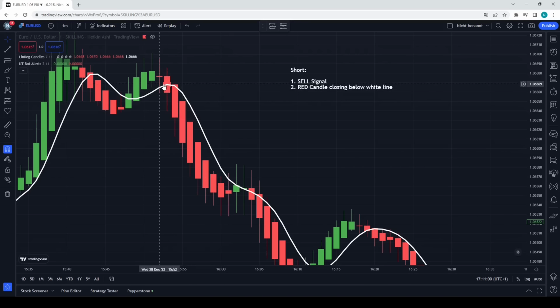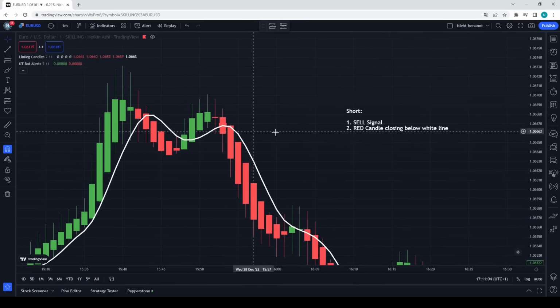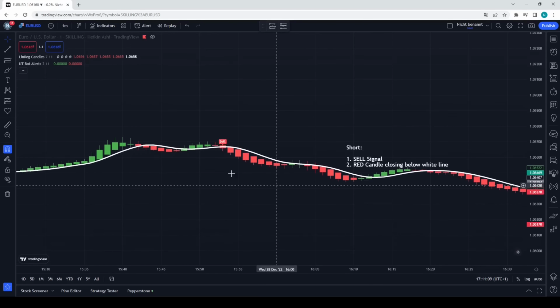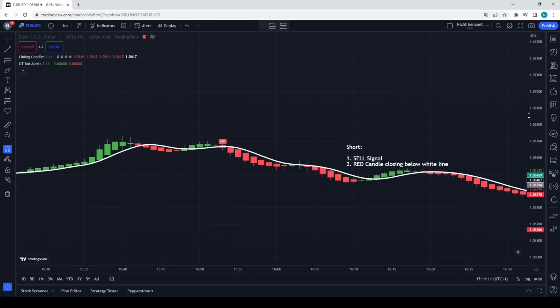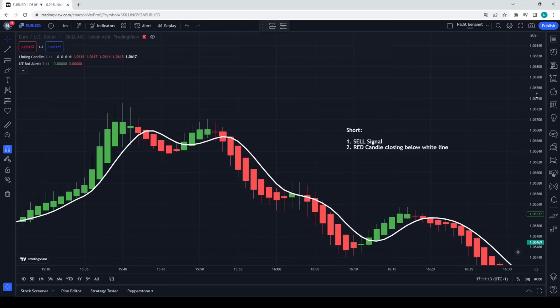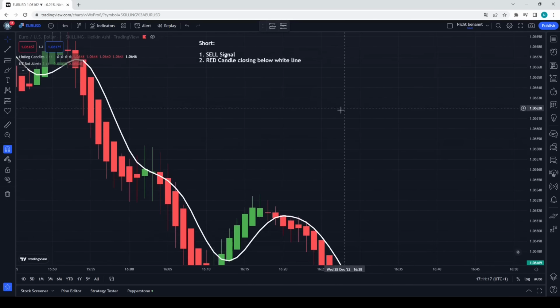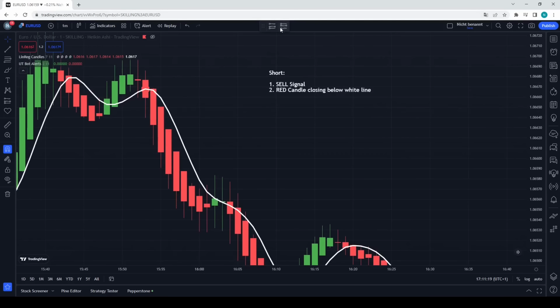I know it's sometimes very hard to see, but the sell signal is hiding just behind the candle. So you have to be a little bit careful that you don't overlook a signal. We get a sell signal, and the sell signal candle is already closing below the line. So this is where we enter.